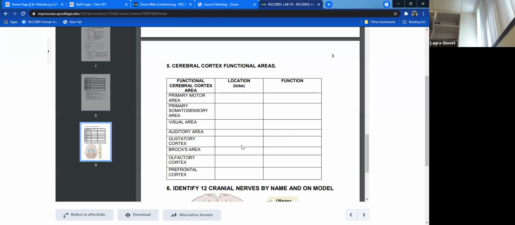Okay, the gustatory cortex, generally found on the temporal lobe as well, and it receives and puts meaning to information regarding taste. Well, actually, technically, let me go back.